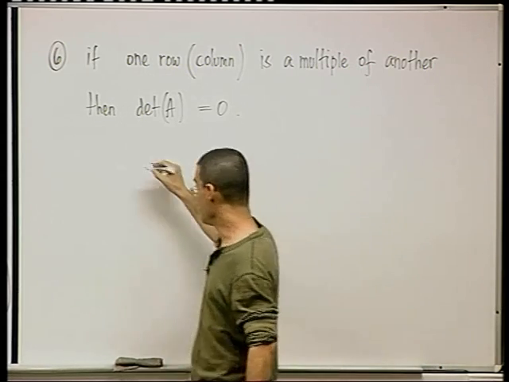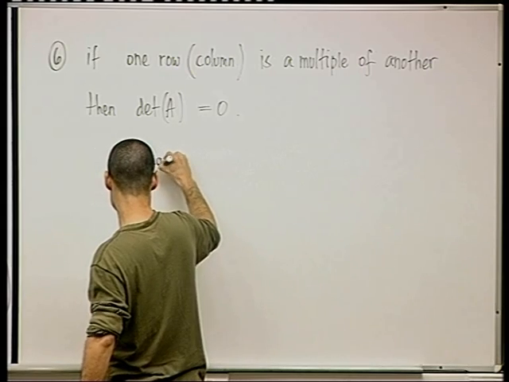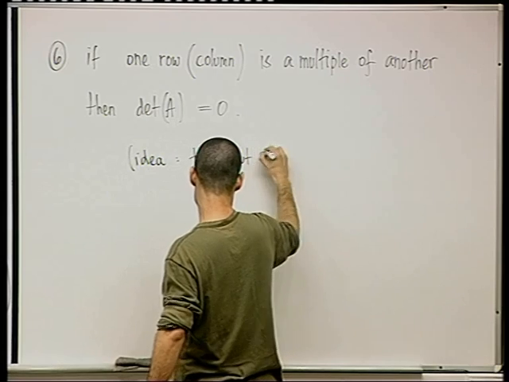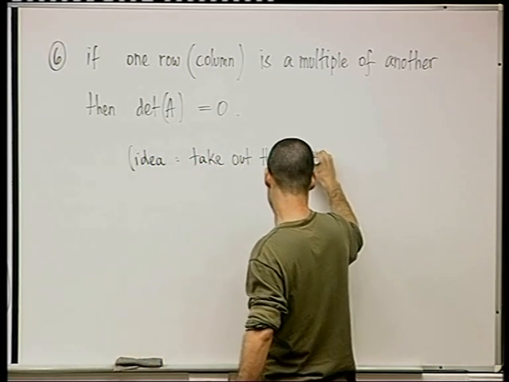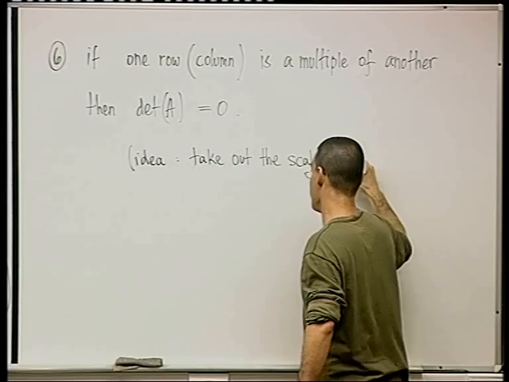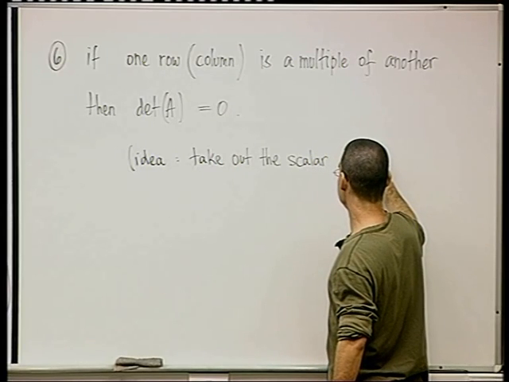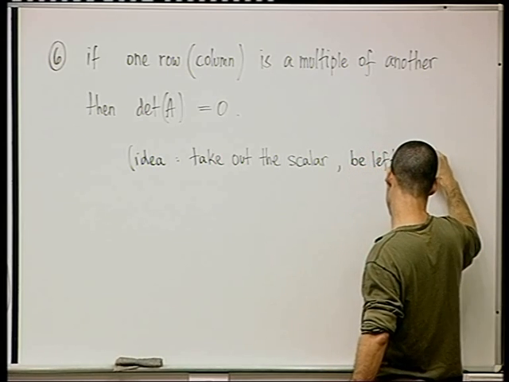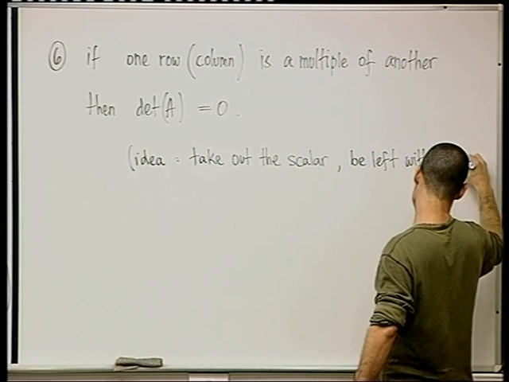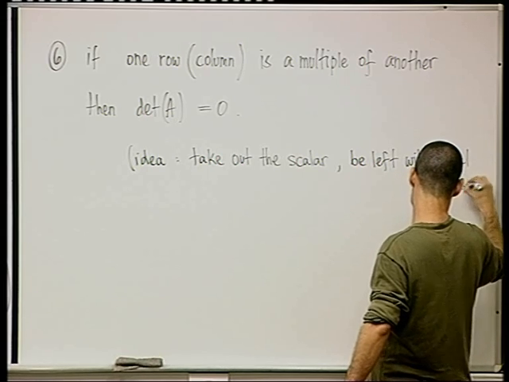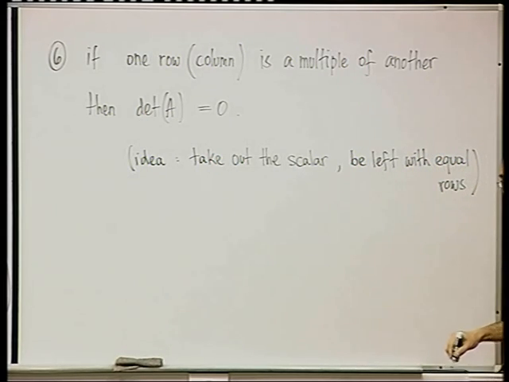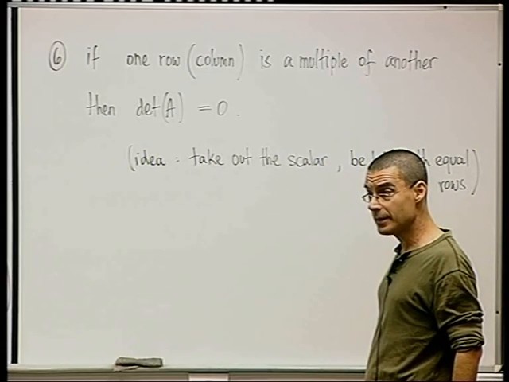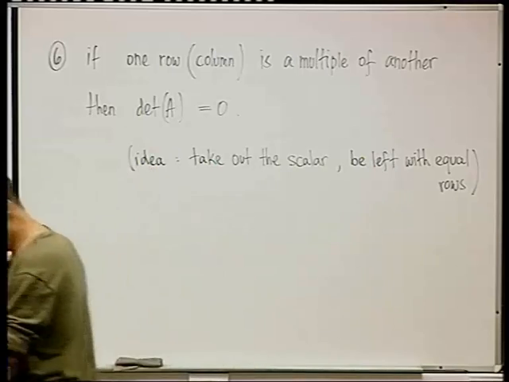So the idea: take out the scalar, be left with equal rows. This is very informal, but that's the idea. Good? Clear? Okay. More properties.